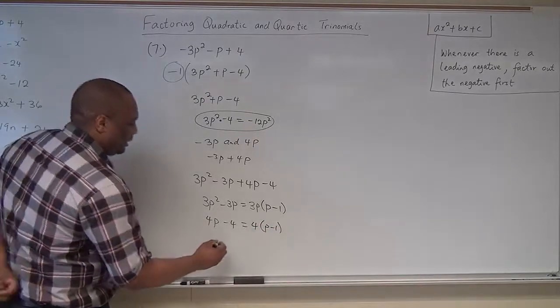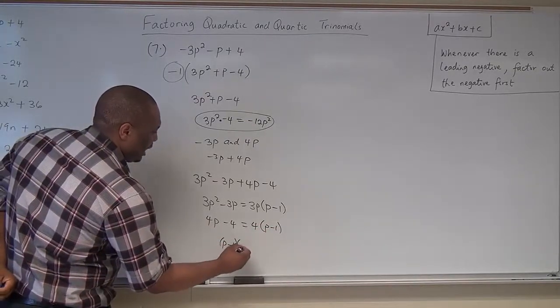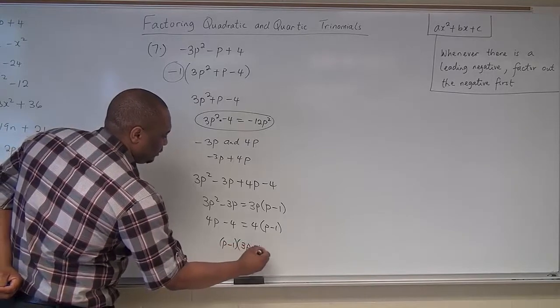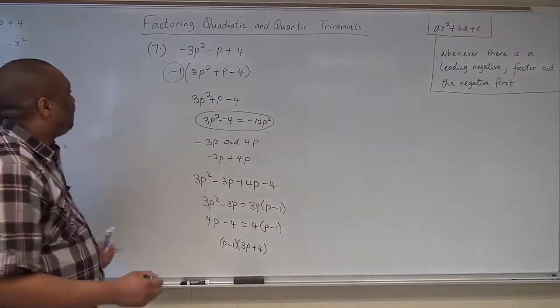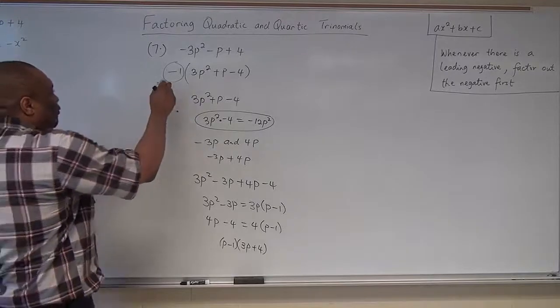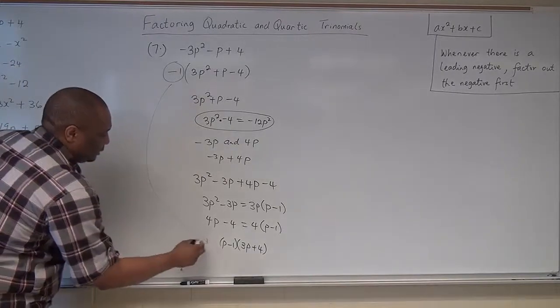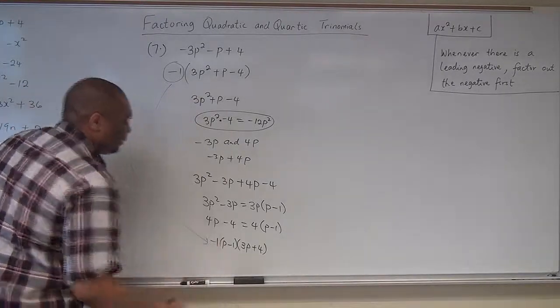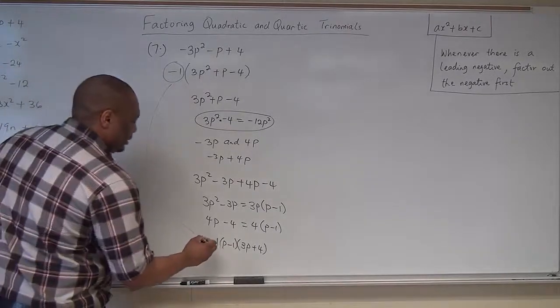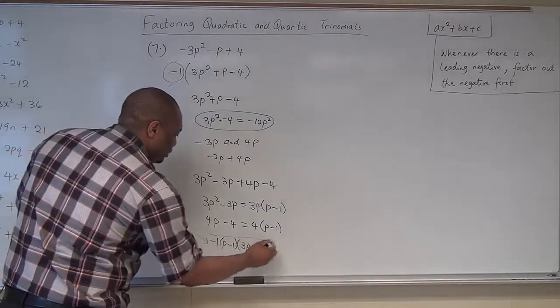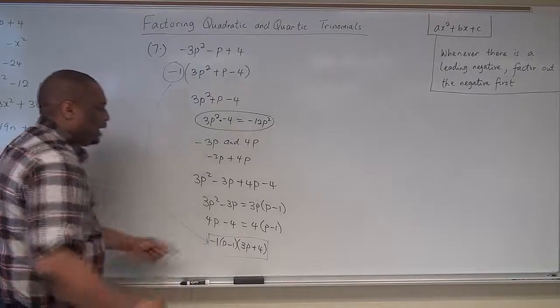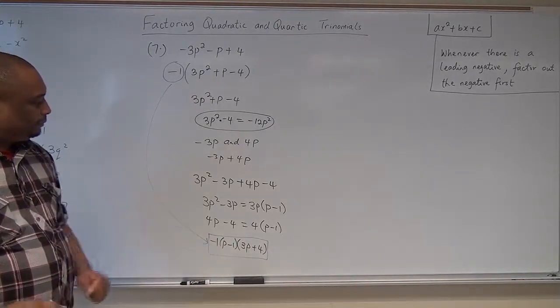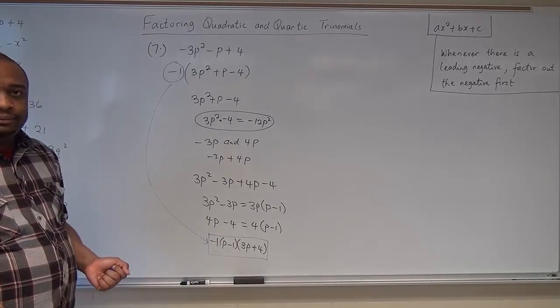So the factors are p minus 1 and 3p plus 4. These are the factors. Then don't forget, you got negative 1 here. So you now bring it back here: negative 1 times p minus 1 times 3p plus 4. And this becomes your answer.